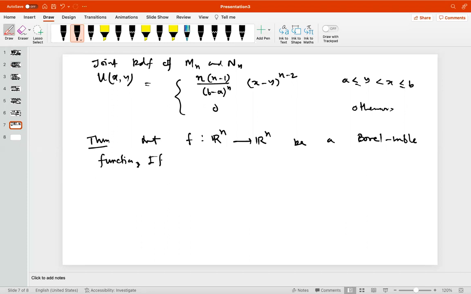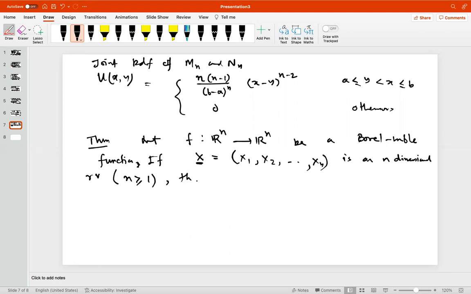Now, if the random vector X, say X1, X2, up to Xn, these are random variables, is an n-dimensional random vector, n greater than or equal to 1. It may be one-dimensional, just a single random variable.